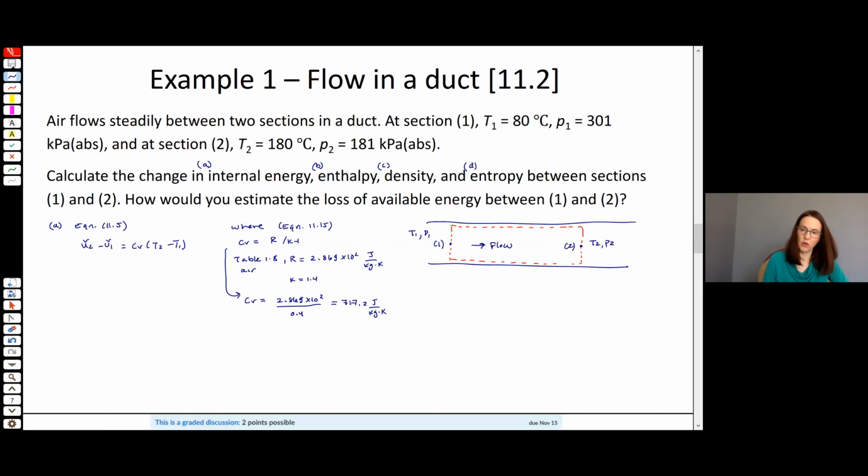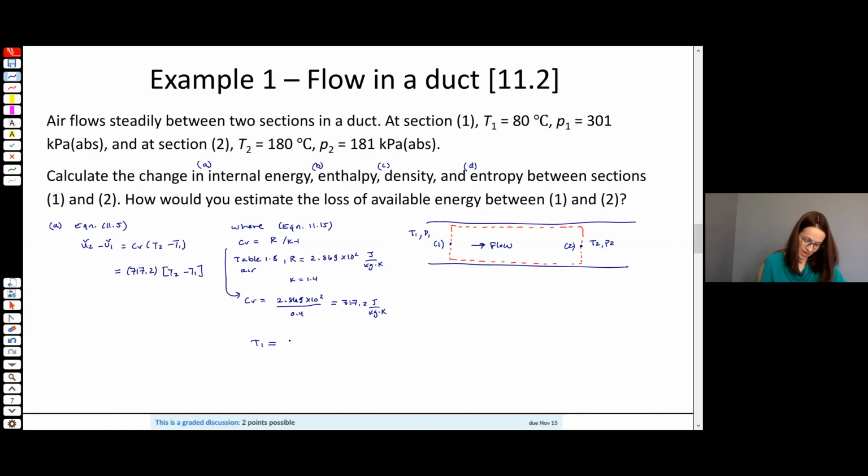Okay, so we can go back over to our equation for the change in internal energy and plug in the values we've got. We've got 717.2 times T2 minus T1. I'm going to kind of belabor this point.